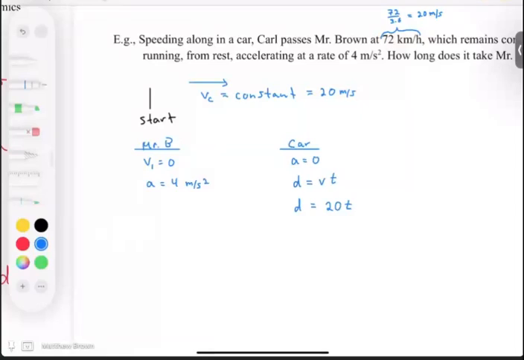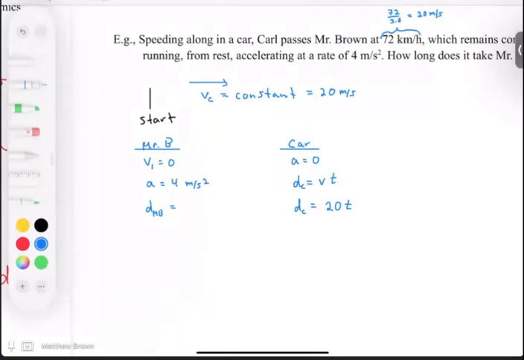So what about for me? Well, for me, I'll just do DMB. I guess we could say here D is for the car or something. What would mine be? And here's where knowing some of these equations can help a little bit. I definitely don't know V final, and I want to avoid that.